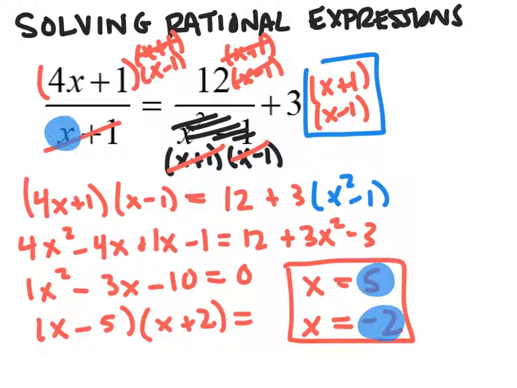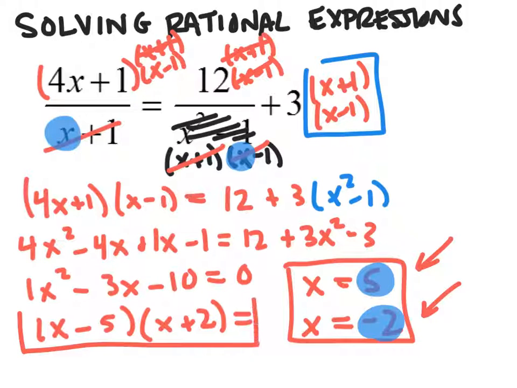So you couldn't have a negative 1 for an answer, and you couldn't have a positive 1 for an answer either, but those are not the answers that you got, so these are both valid and good solutions. So sometimes it simplifies out to give you a quadratic equation, and then you would just factor it or solve it like normal. Let me show you one more example, and then we'll finish this up.